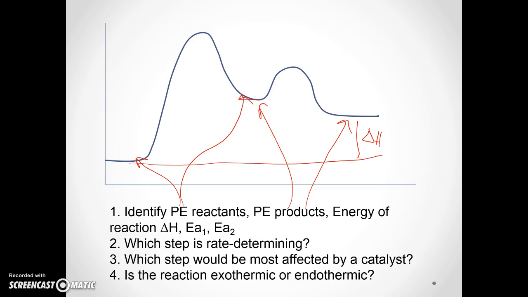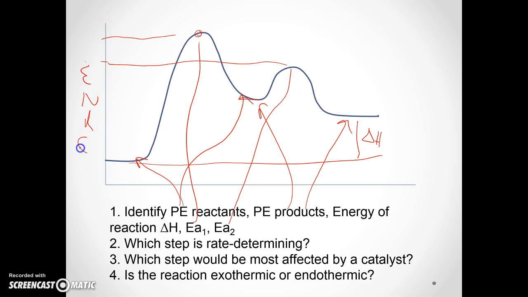Activation energy 1 is here. That's this energy value. Activation energy 2 is the transition state. You'd measure energy over here on the y-axis. This is energy.